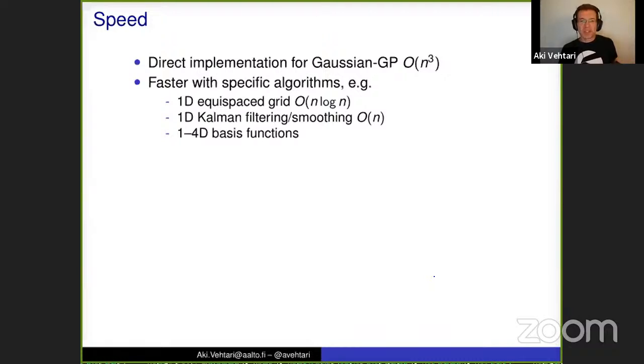Even 4 dimensions starts to be a stretch. Most commonly 1 or 2 dimensions are used, and this is also something that, like I mentioned, the mgcv package for splines does, and it works with these 1 and 2 dimensions.